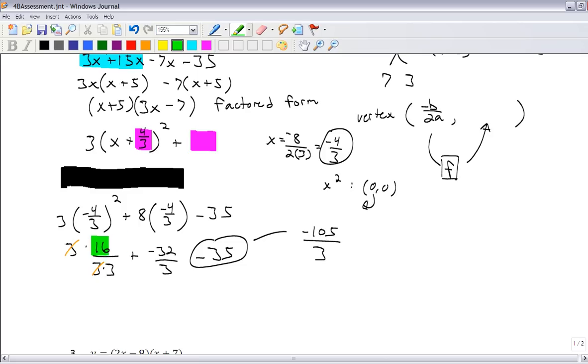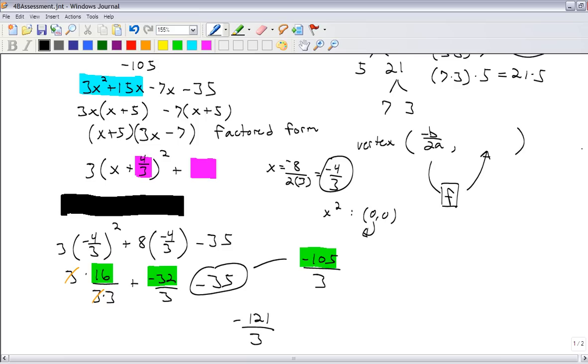I've got a 16, a negative 32, and a minus 105. The 16 and the negative 32 leave me with negative 16, and negative 16 and negative 105 is negative 121. So minus 121/3. That's the y of the vertex. Negative 121/3. So the vertex is negative 4/3, negative 121/3.